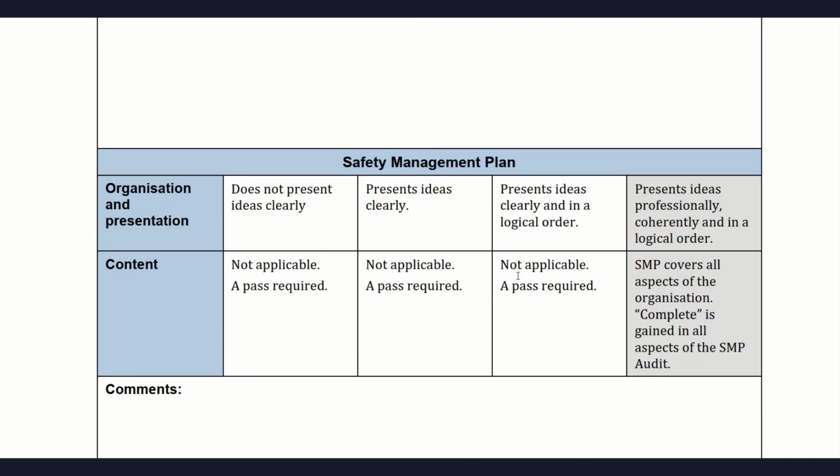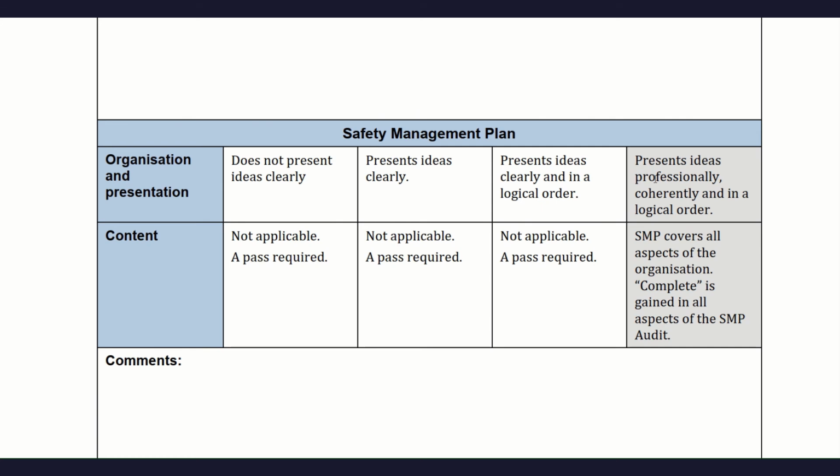The safety management plan is, if you pass the audit, right, you get an A. Everyone gets an A, so that's locked in. Now, it doesn't matter whether you get your checklist back from your audit and you have nothing to change, or whether you've got 20 things to change.